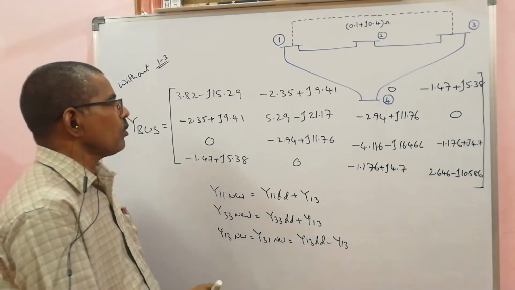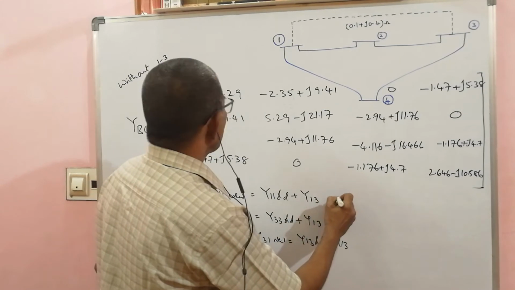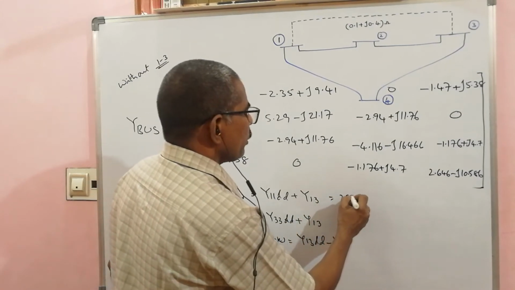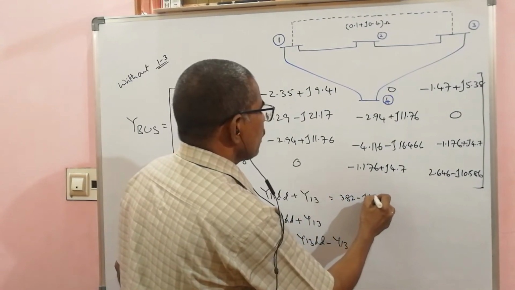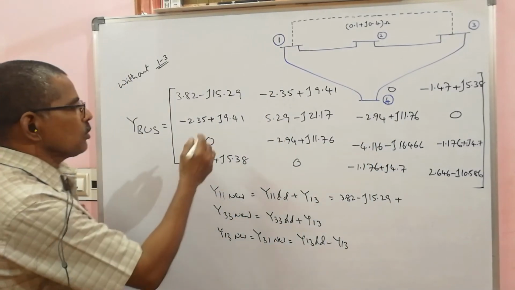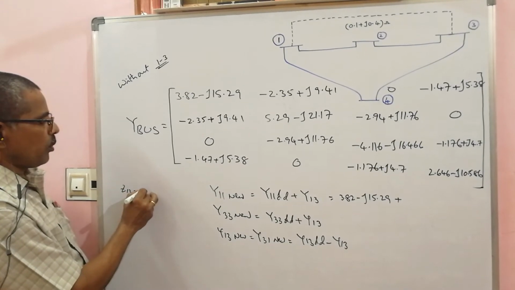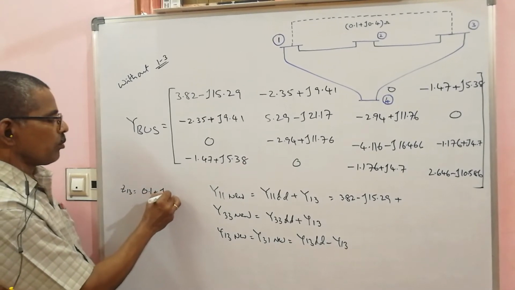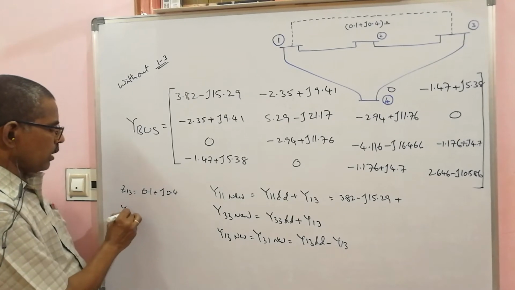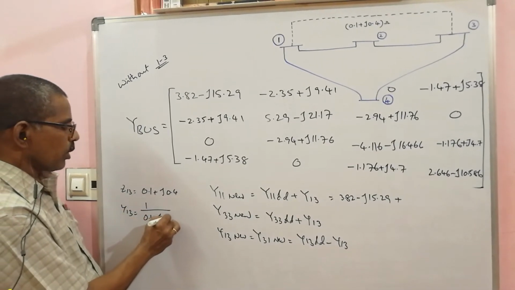What is Y11 new? Y11 old is this, which is 3.82 minus j15.29 plus what is Y13? So Z13 is given. Z13 is 0.1 plus j0.4. So Y13 is 1 by 0.1 plus j0.4.